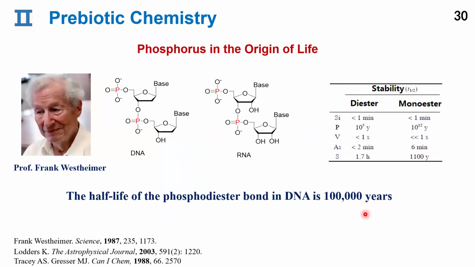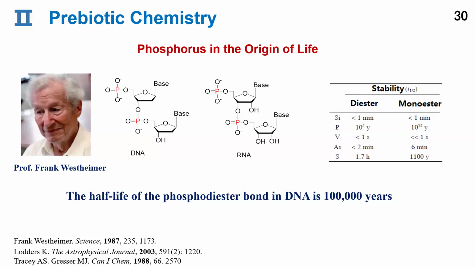In the previous slide, we looked at ATP as the energy currency of life, showing how phosphorus is central to energy storage and transfer. But phosphorus plays another equally fundamental role. It provides a stable backbone for molecules like DNA and RNA. This idea was elegantly extended by Prof. Frank Westheimer, a pioneer in bioorganic chemistry.